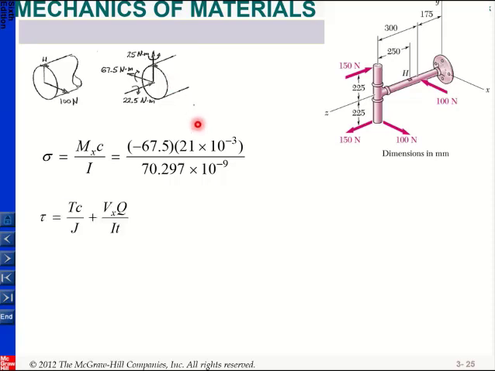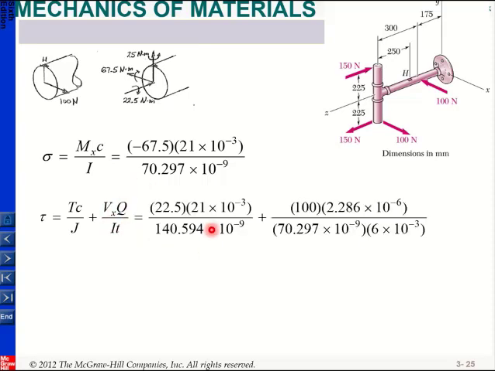So when you write your shear stress, it will be equal to Tc over J, which is due to torsion, plus V_x Q divided by It, which is due to your shear force. We find all the things. I know what my torque is, I know what my c is, I know what my J is, Q we just calculated, again I, and the thickness is basically your diameter, and we also found V_x.